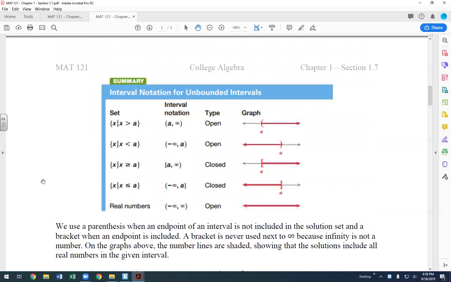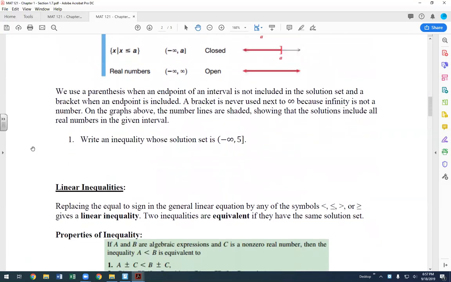This is just showing you what happens if I use less than or equal to, and greater than or equal to. So you can see I am now switching to brackets in these two options. If for any set you end up getting all real numbers as your solution, which means you're going all the way from negative to positive infinity, you're basically using the whole number line, right? You shade the entire number line.